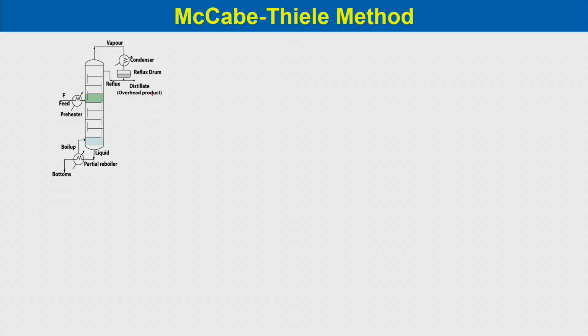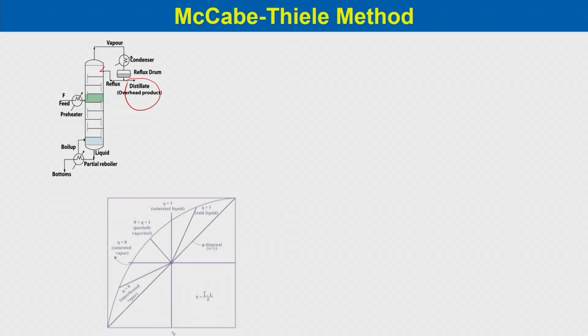Part of the product is taken as distillate and part of that is returned back as reflux to the column. The liquid comes down and there is a partial reboiler where it is boiled off. The boil off vapor goes to the tray, returned to the column, and the product is taken as bottoms.